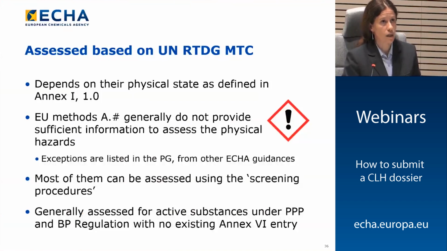That being said, how do we assess the physical hazards? They are based on the United Nations Recommendations on the Transport of Dangerous Goods, Manual of Tests and Criteria, and then they depend on their physical states. See the definition in Annex 1. And generally speaking, the EU methods, the A numbers, do not provide sufficient information to assess the physical hazard.